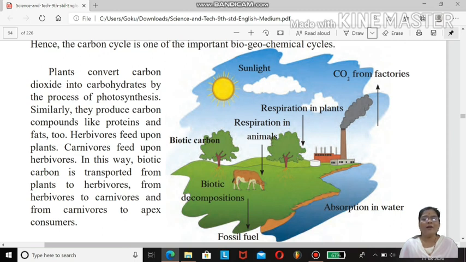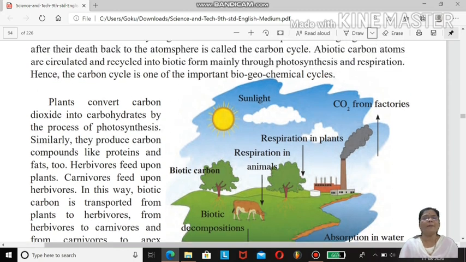Then again the biotic carbon is present in the form of carbohydrates. Then biotic decomposers like bacteria and fungi decompose, and in the fossil fuels the carbon is accumulated and absorption is in water. In this way the cyclical flow of carbon is happening.